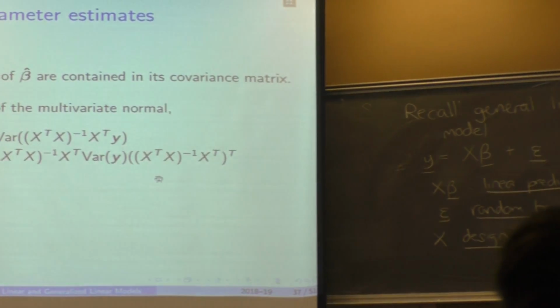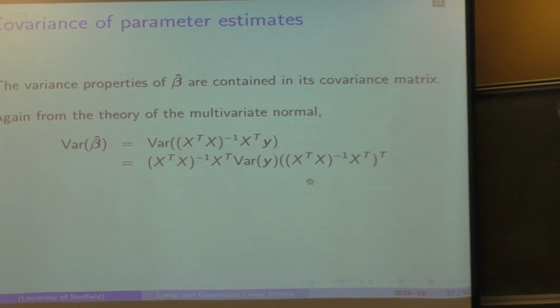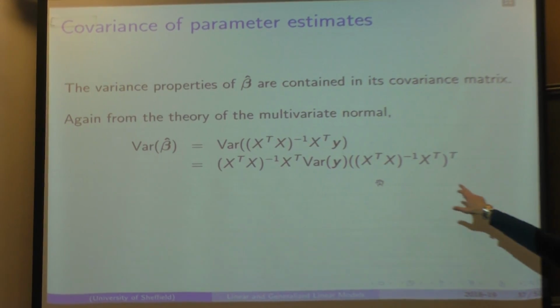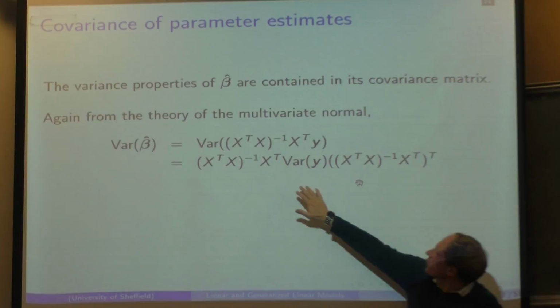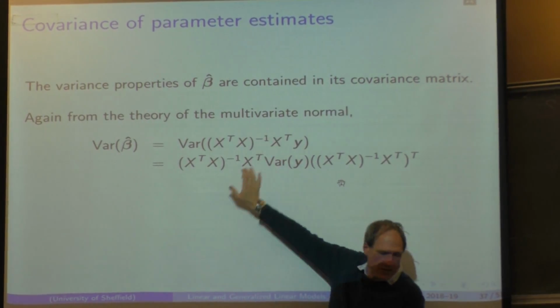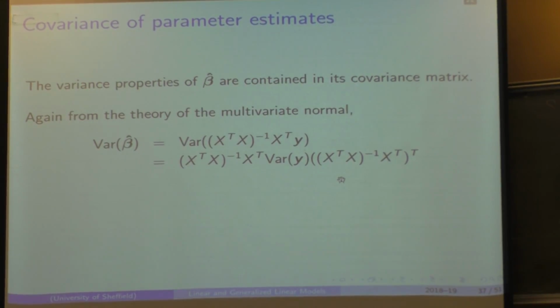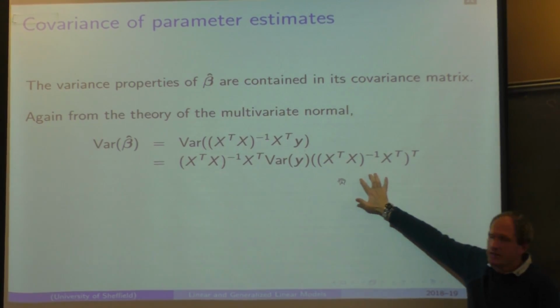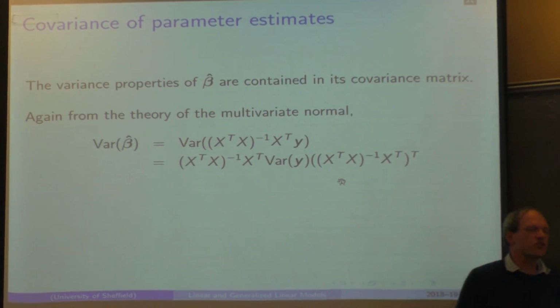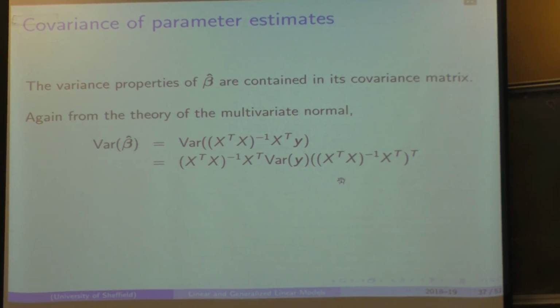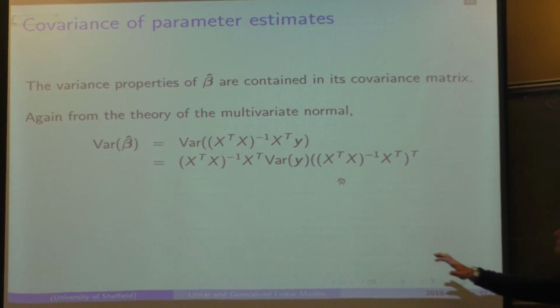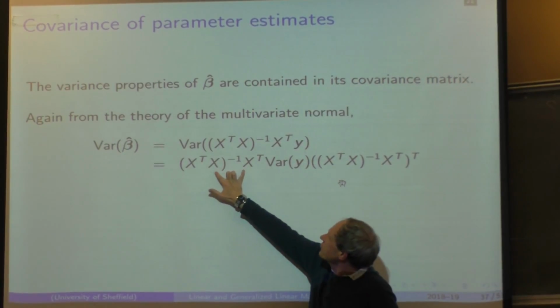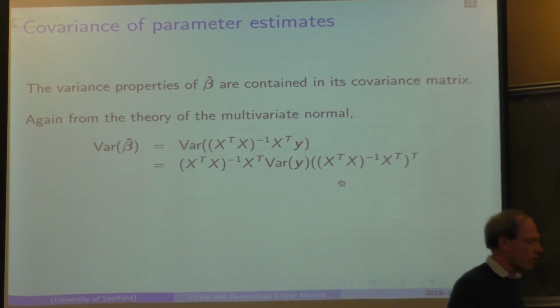So if we apply that in this case, we've got X transpose X to the minus 1 times X transpose. We take the transpose of that and put it on the right. We've got the variance-covariance matrix of the original y's, which we put in the middle, and the matrix that we're doing the transformation by on the left.